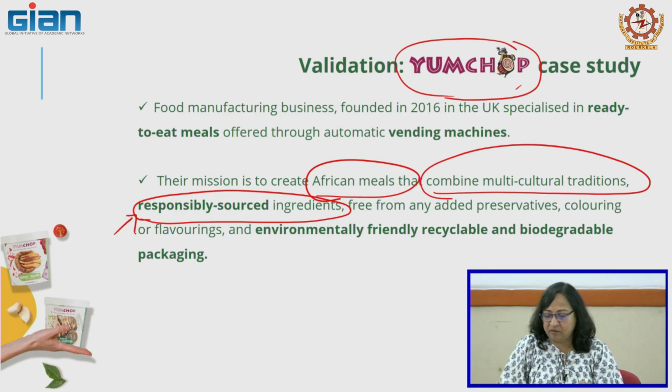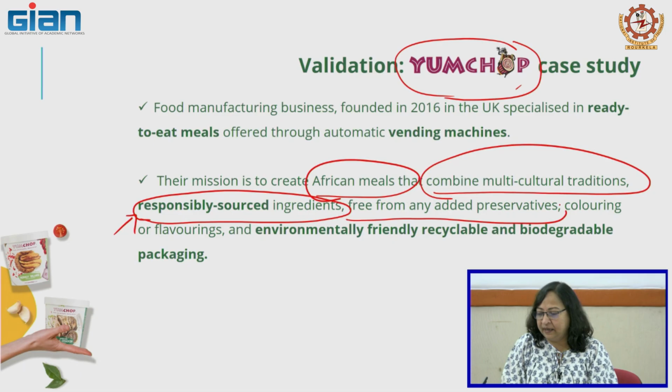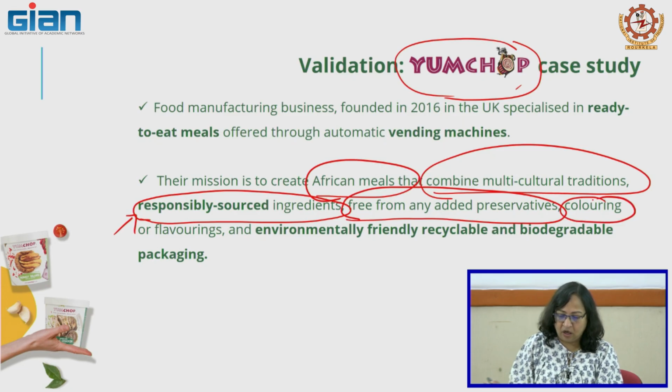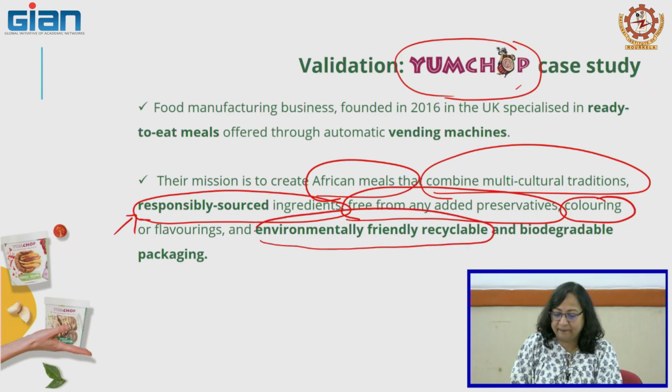Suppliers are also obliged to make less CO2 emission, and it is free from any additives. These are the conditions. Food should not have any color additives, or any acid or any external extra element. Coloring is not allowed, no extra flavoring, environmentally friendly and recyclable packaging.